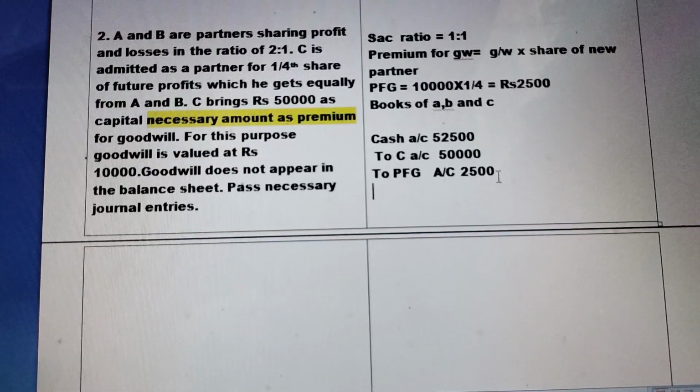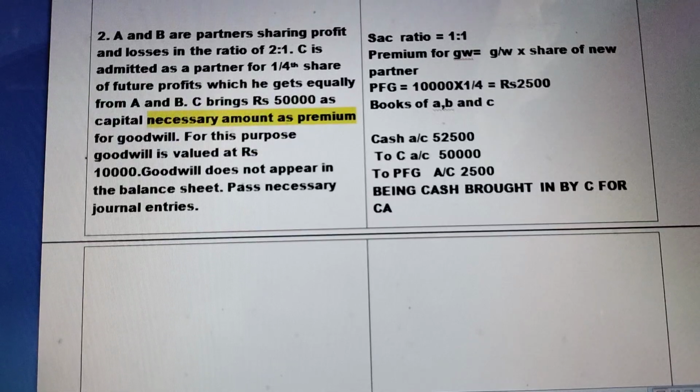Okay, the narration: being premium for goodwill brought in by C. Or here we have merged the two entries, so you can write being cash brought in by C for capital and premium for goodwill.